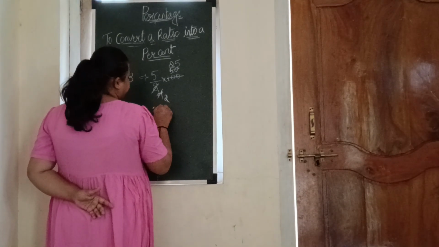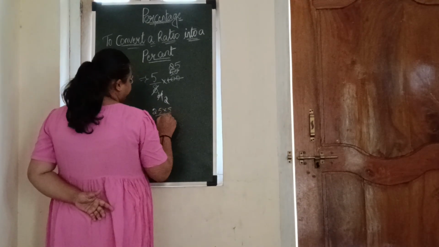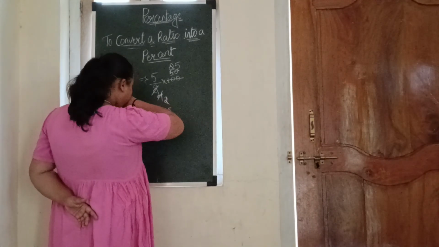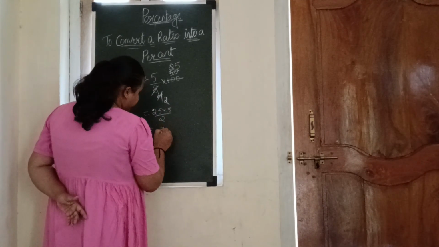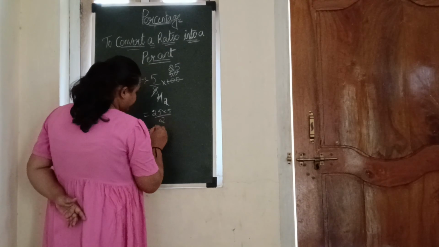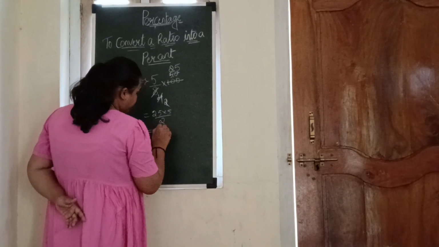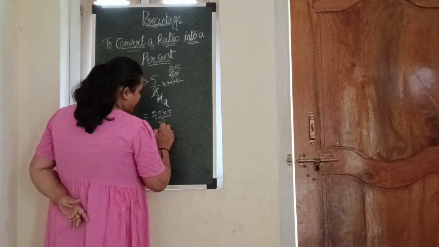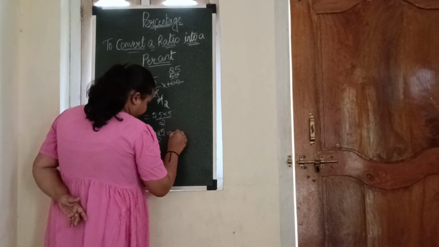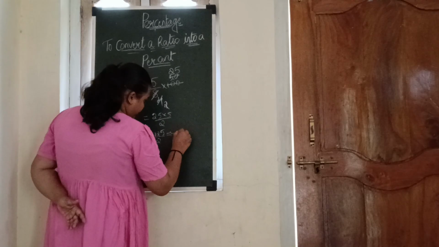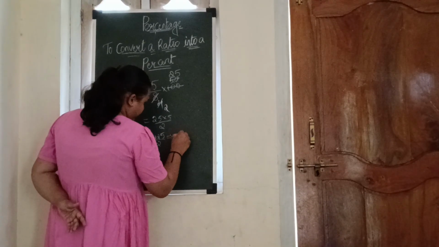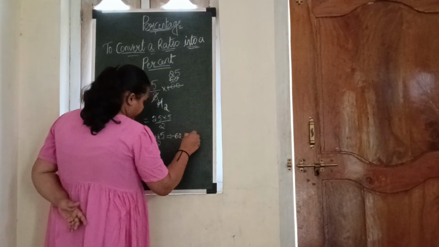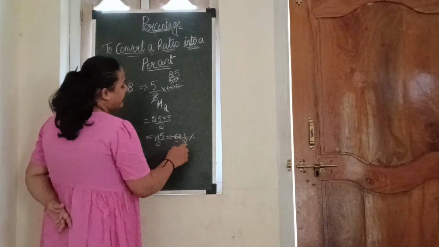So 25 into 5 divided by 2. If you multiply, we get 1 by 2, 1 by 2.